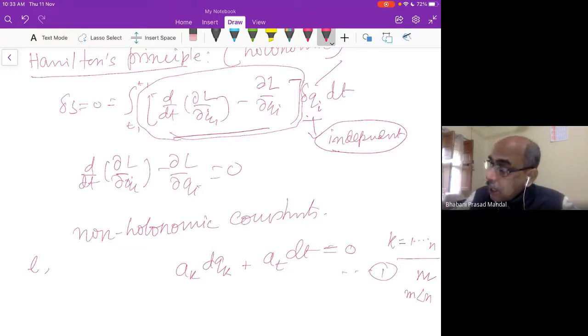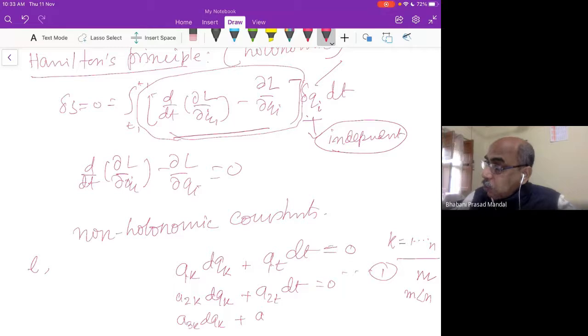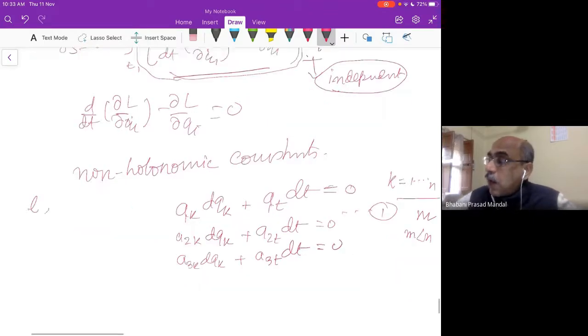So what I can write, I can put all together: a_1k dq_k plus a_1t dt equal to 0. Then the second constraint I can write a_2k dq_k plus a_2t dt equal to 0. Third, I can write a_3k dq_k plus a_3t dt equal to 0, where the coefficients can also depend on q and can be changing. This is the style of writing.